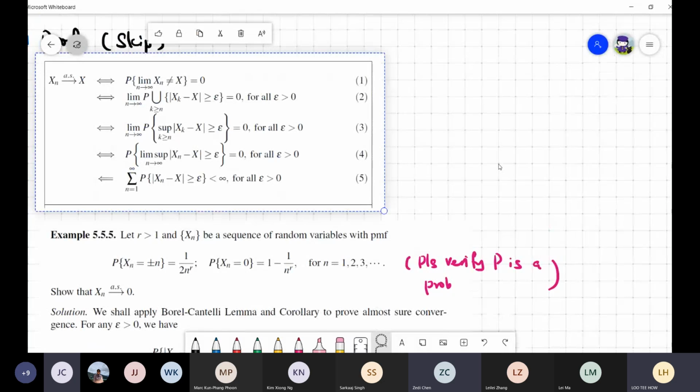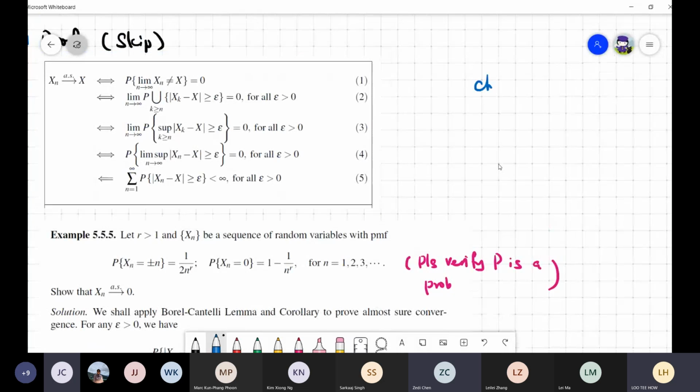Again, this is from chapter 5, supplement A. This is all the criteria and necessary conditions for almost sure convergence.